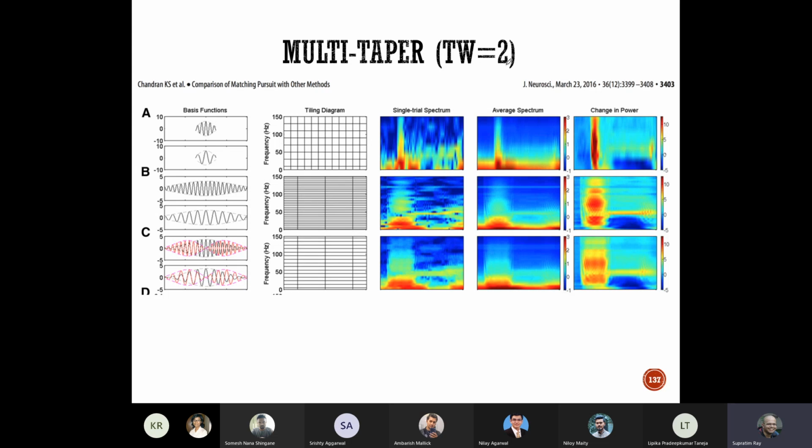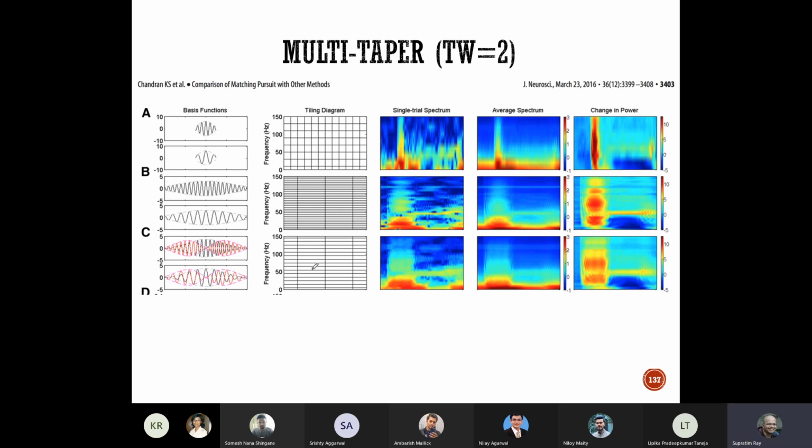Okay, so here TW is 2, so it's twice as big as the previous one. But now I can have 3 basis functions whose energy is reasonably well concentrated inside the tile.